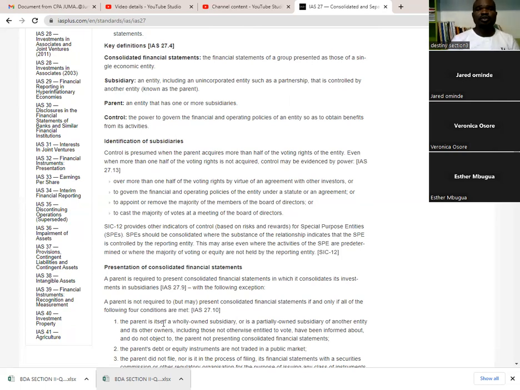They are saying control is presumed where the parent acquires more than half of the voting rights of the entity.